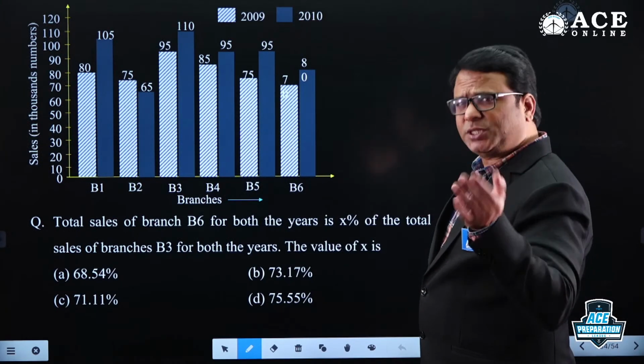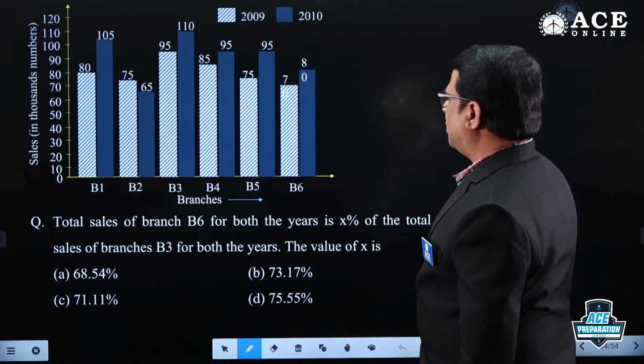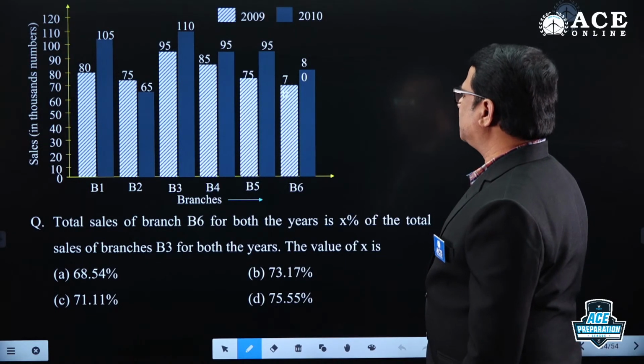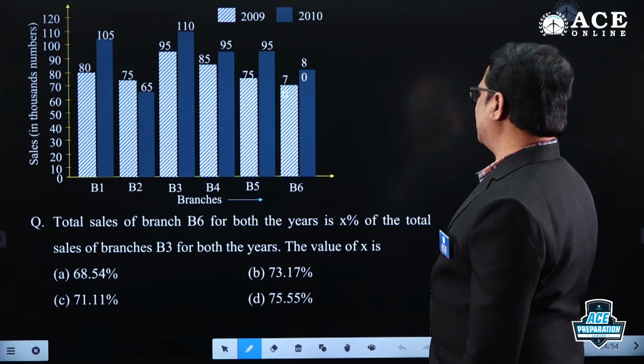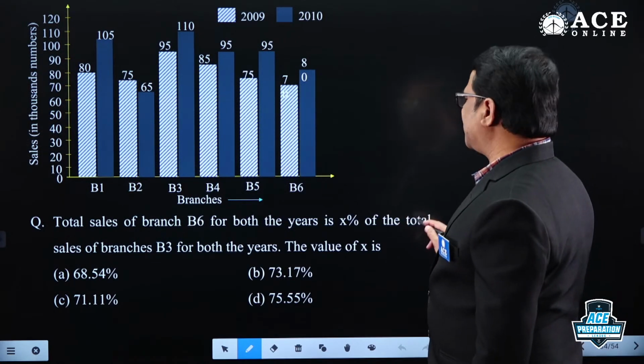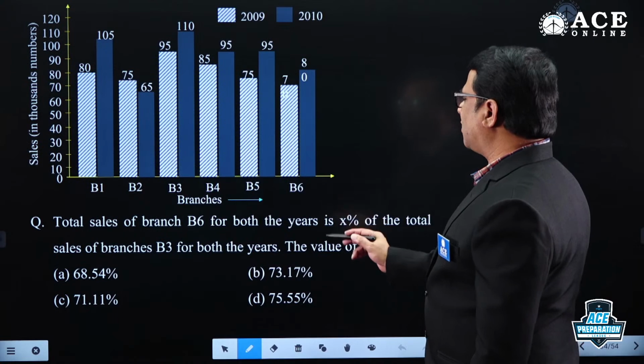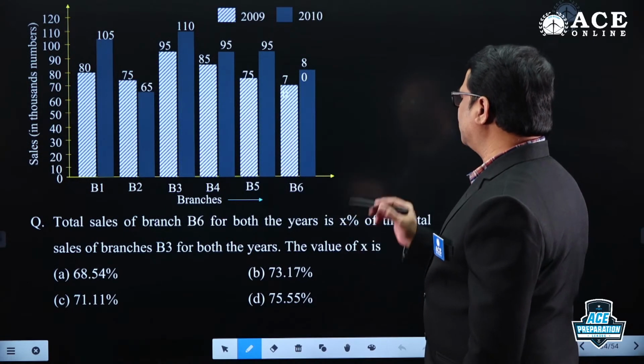Same data, question changes. Now the total sales of branch B6 for both the years is X% of total sales of branch B3 for both the years.